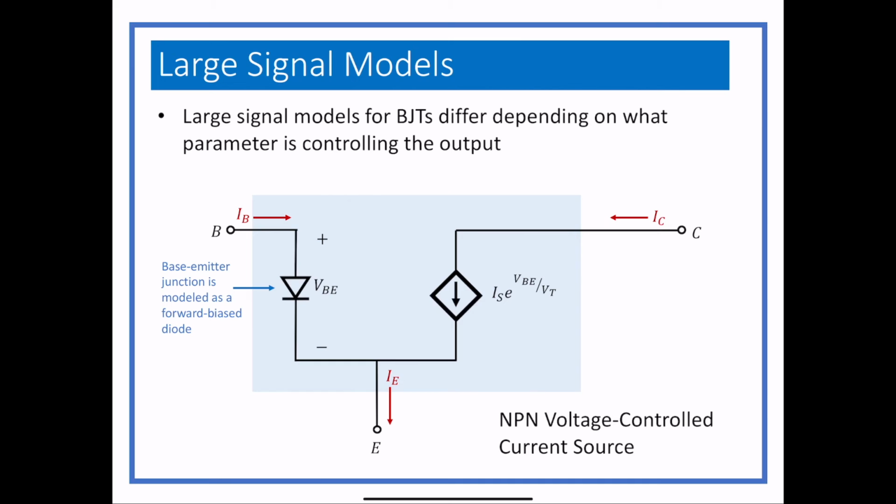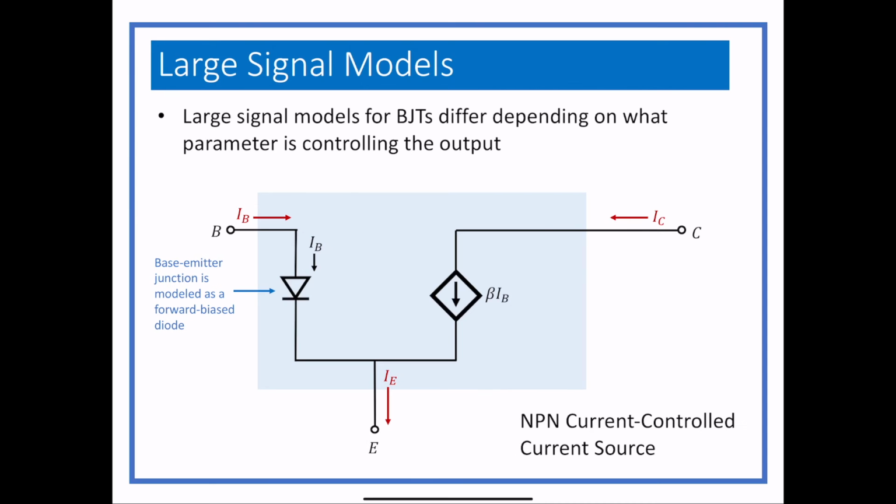And it's a relatively simple model. We can use that. If we choose to concentrate on the voltage controlled part, then we put VBE in and we use the equation that relates VBE to IC. If we want to concentrate on current control, we put IB in, and then we put beta IB for the output current.